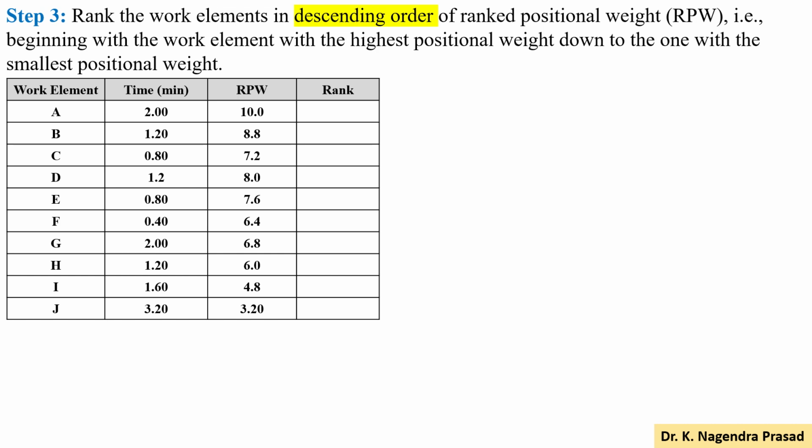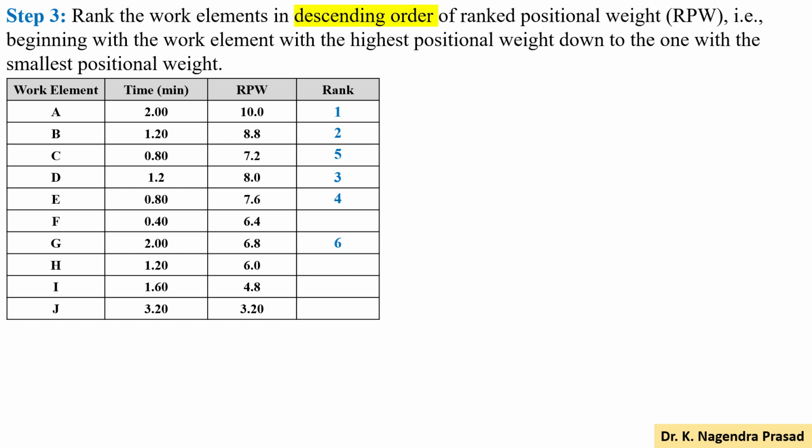The highest RPW value is 10 for work element A, and the next highest value is 8.8 for work element B, and the next highest value is 8 for work element D, so rank 3 for D. The next highest RPW value is 7.6 for work element E, so I have to give rank 4 for E. The next highest value is 7.2 for work element C, so it is rank 5.